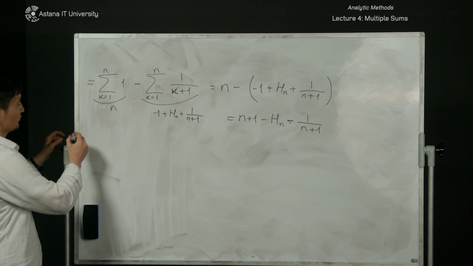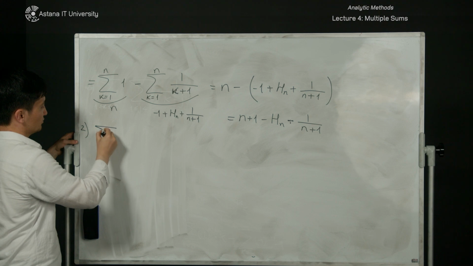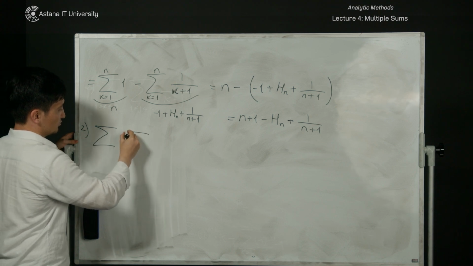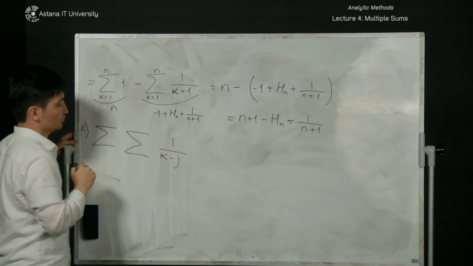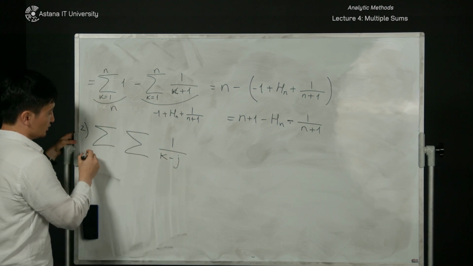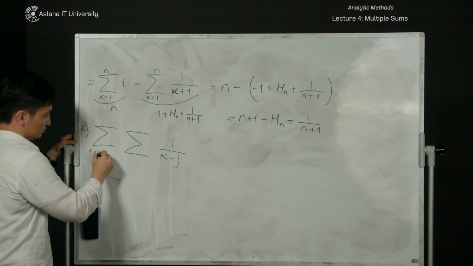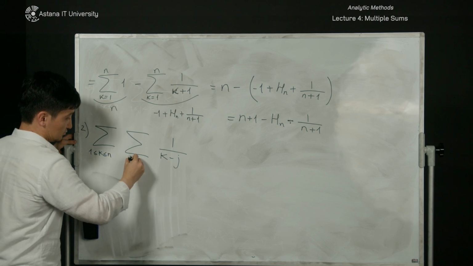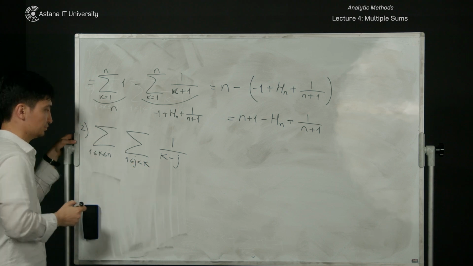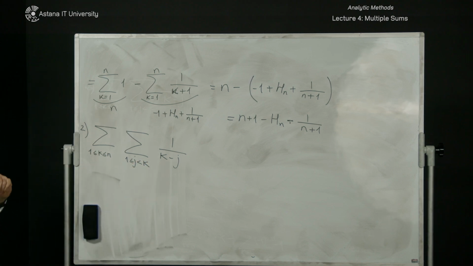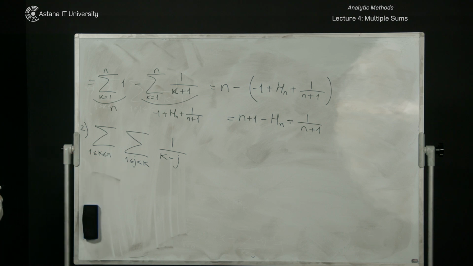Now let's consider another one. We have the double sum of 1 over k minus j, and the indexes are given in terms of inequality. The question is again to express this double sum in terms of hn, or the harmonic series.